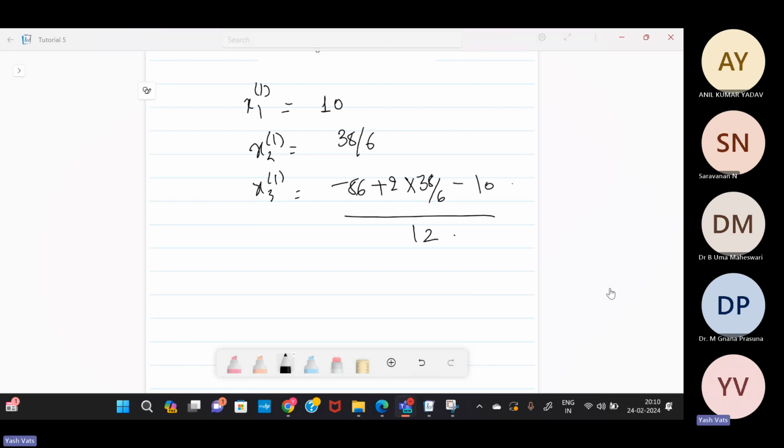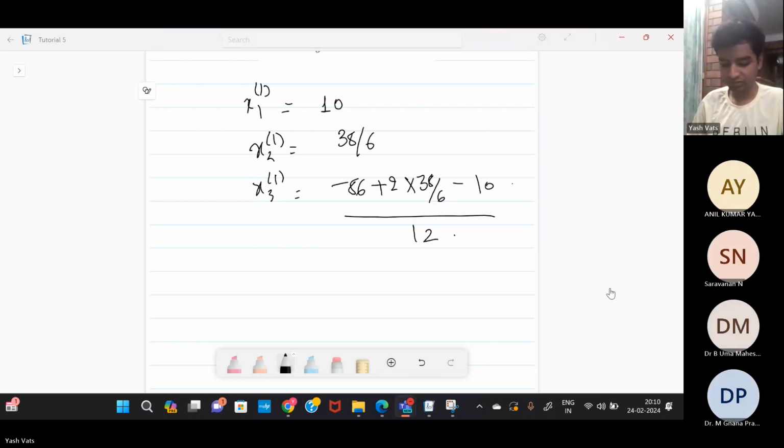Yes, what is the value? That is minus 538 by 36. Yeah, 538 by 36.